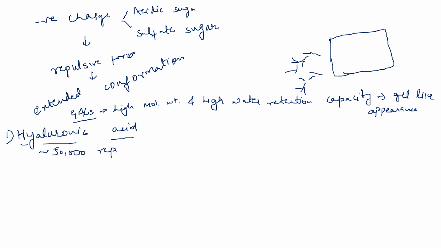The repeating unit over here is a disaccharide, and that's why the molecular weight is quite high, more than 1 million. Due to this property, they serve as lubricant in the synovial fluid.